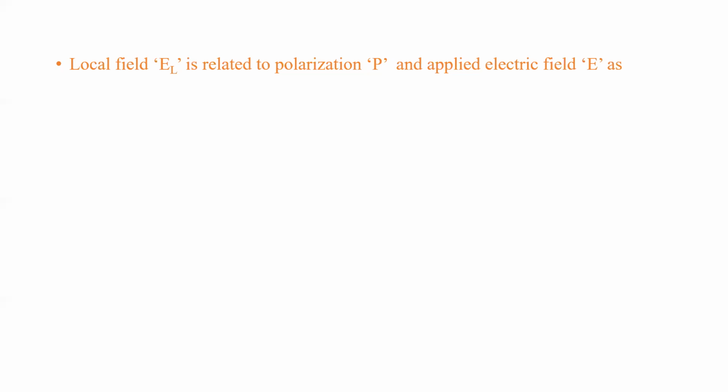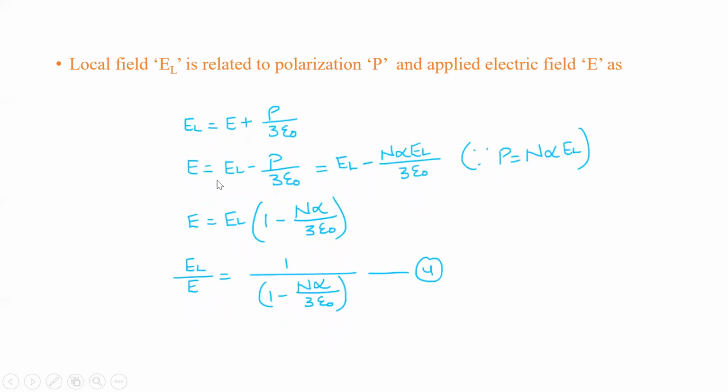And we know that the internal electric field is related to polarization P. So in that way, the local field El is equal to E, the applied electric field, plus P by 3 epsilon naught, where P is the polarization. Then we know the value of P, that is n alpha times El.